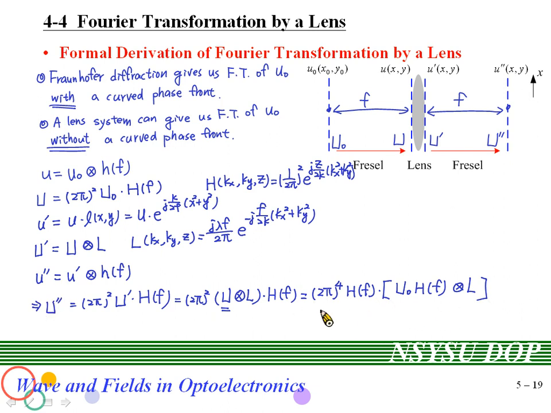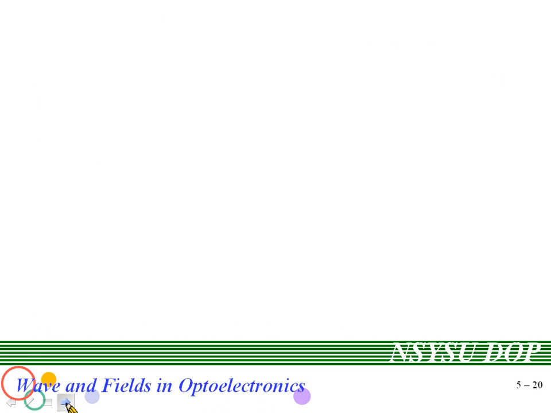And how can we find out the detailed expression for this one? So let's move to the following slide. In the previous slide, I showed you that the Fourier transform of u double prime, which is capital U double prime, can be obtained by the following equation.